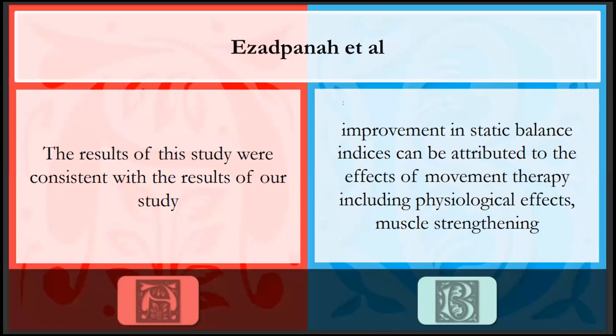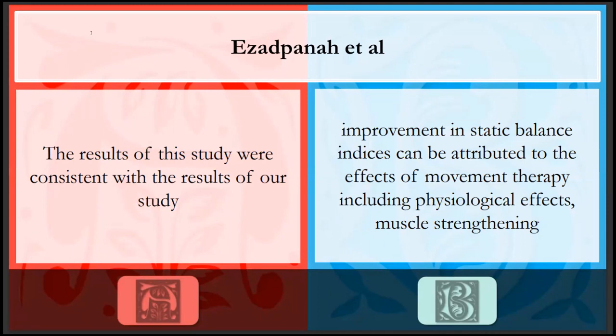The reason for these results was that improvement in static balance indices can be attributed to the effects of movement therapy, including the physiological effects of muscle strengthening.